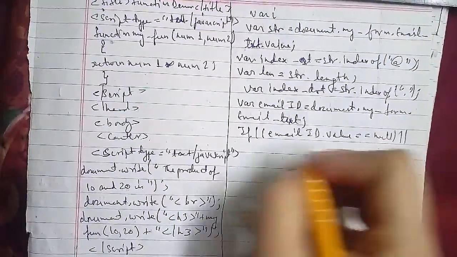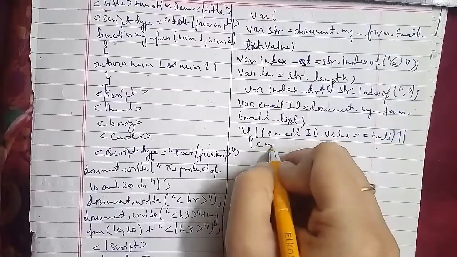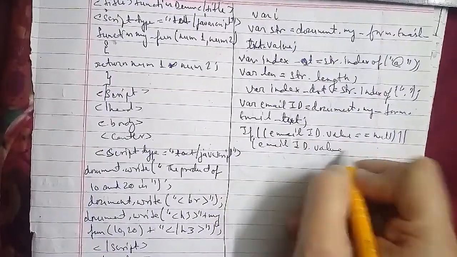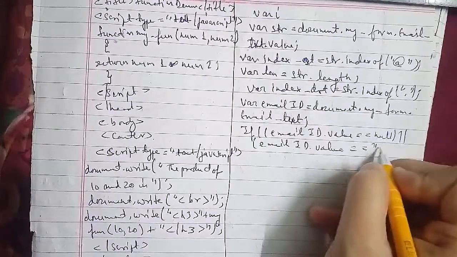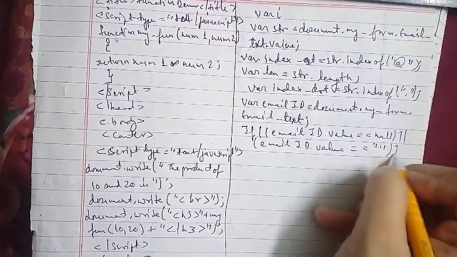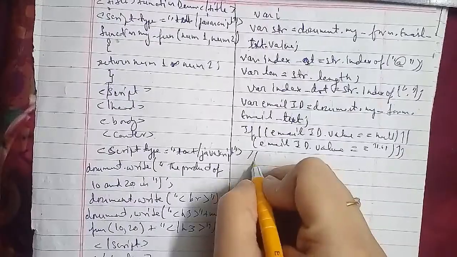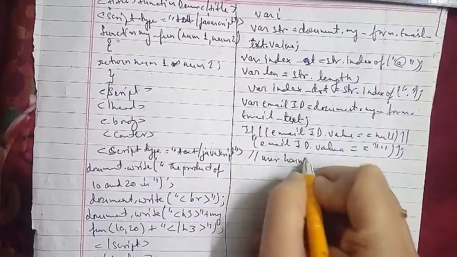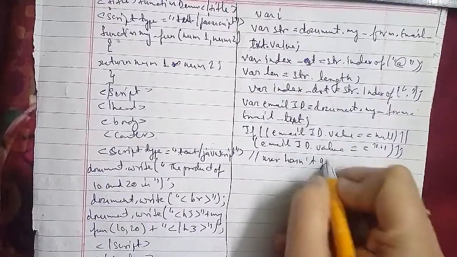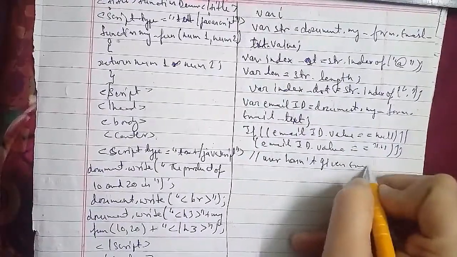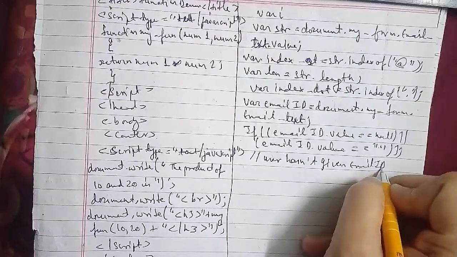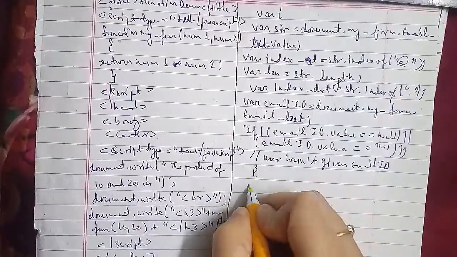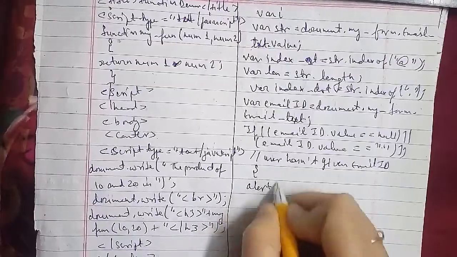Then after that, if str.indexOf("@") equals -1, there is no @ symbol in the email address, so for that, alert: invalid email ID.